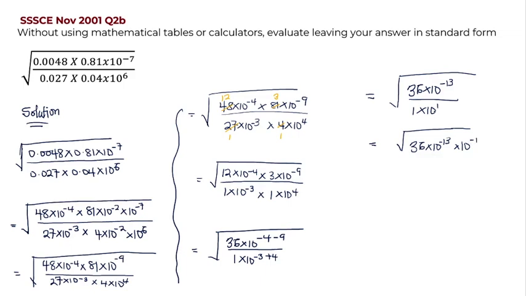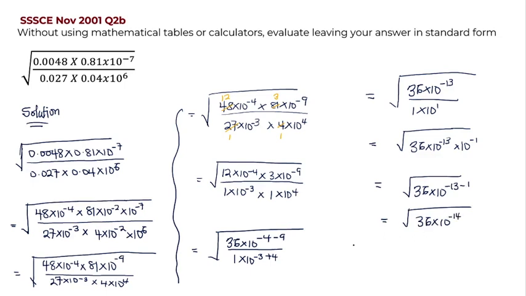Now remember, this is divided, so if we move it to the top, we need to reciprocate it so that the power will not carry a negative sign, and this is now multiplication. So this is equal to the root of 36 times 10 raised to the power minus 13 minus 1, which is the root of 36 times 10 raised to the power minus 14.